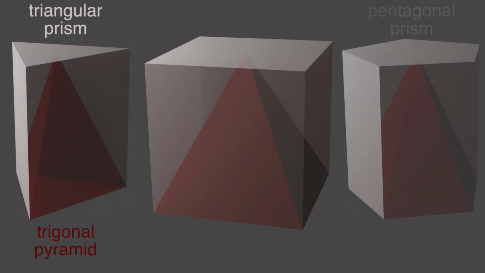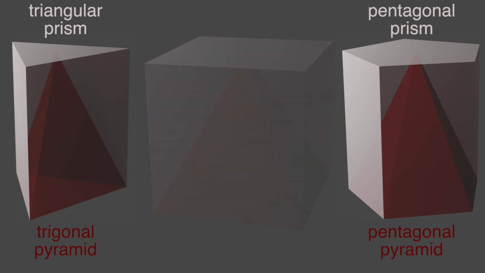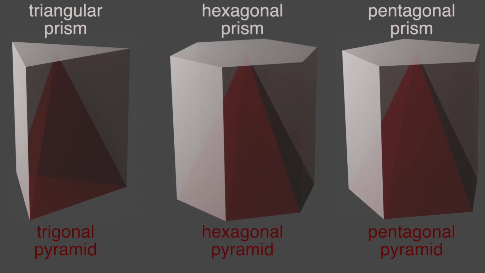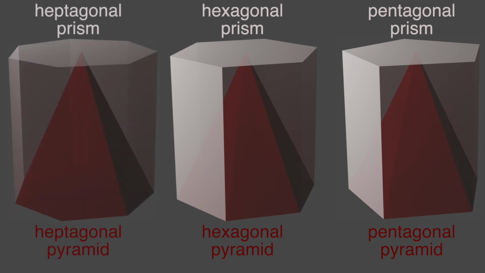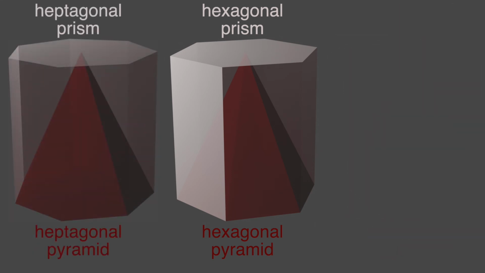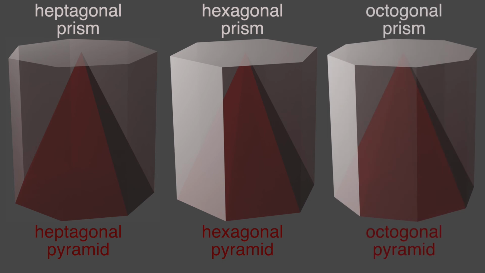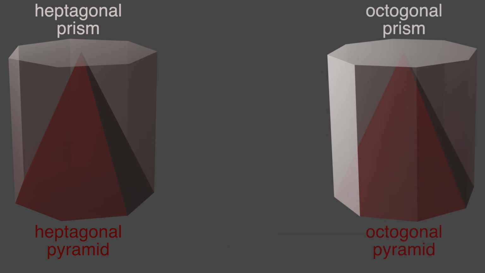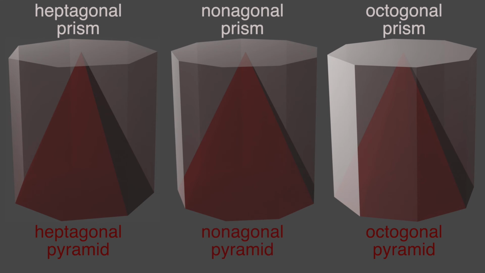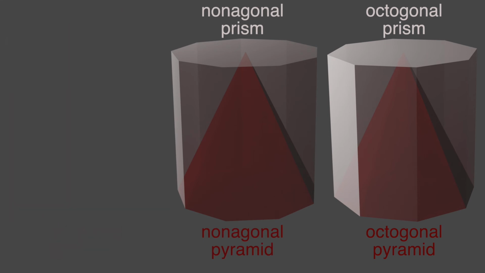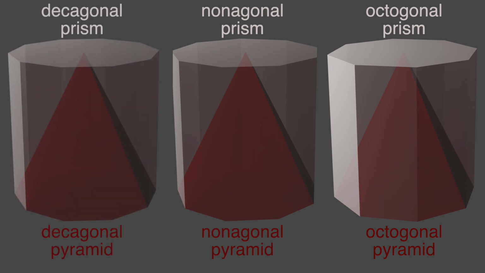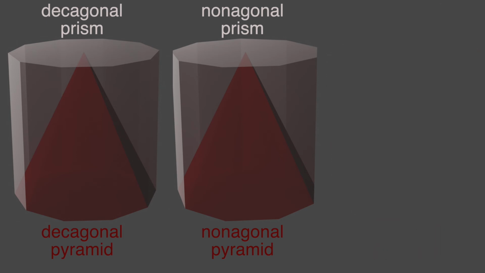No matter how many sides the polygon at the base of our pyramid has, the volume of the pyramid will be 1/3 of the volume of whatever right solid has that same base. Remember, the right solid's volume is area of the base times height. So the pyramid's volume will always be 1/3 of the area of the base times the height.